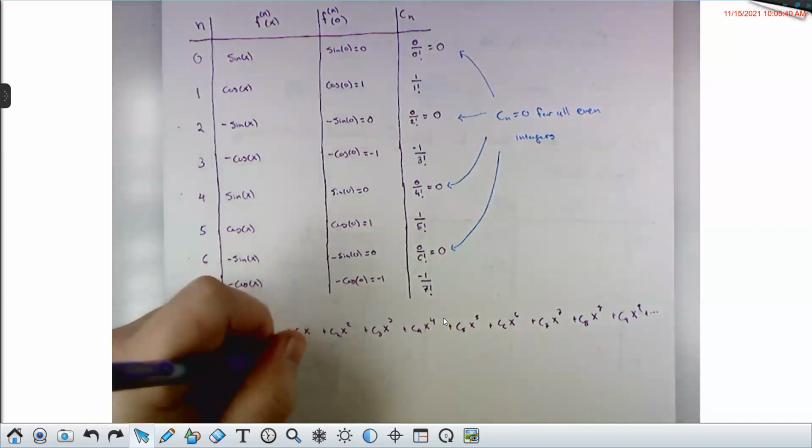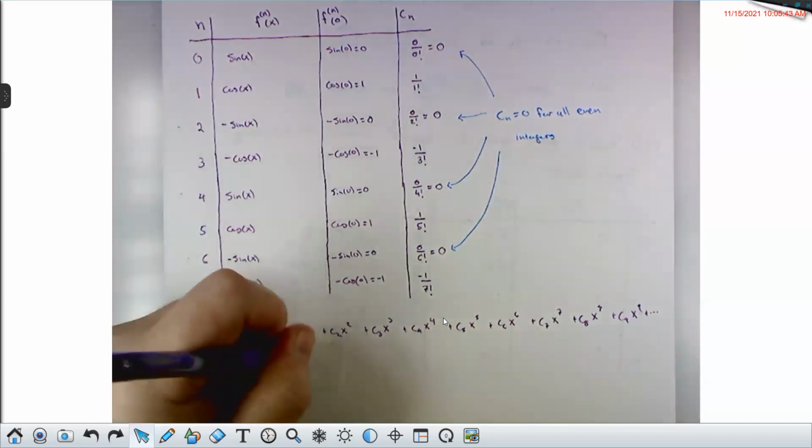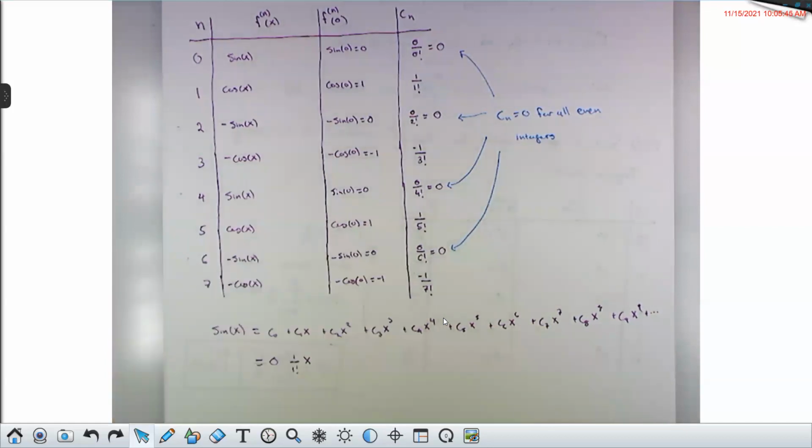C1 was 1 over 1 factorial, so that's 1 over 1 factorial times x.